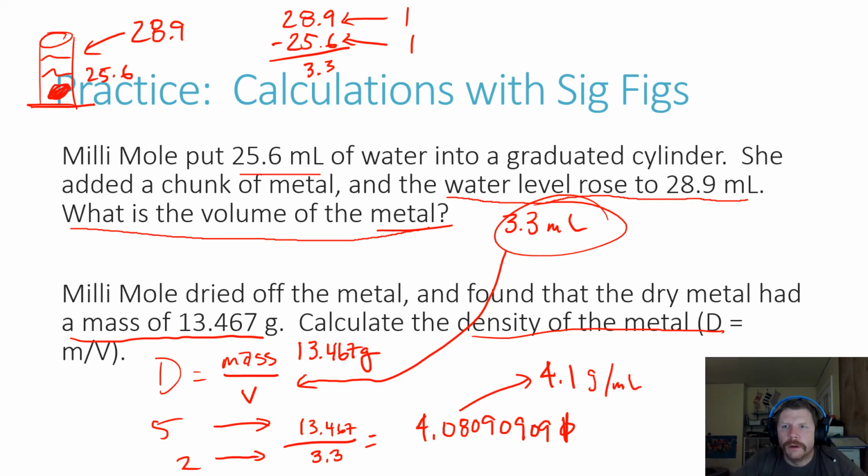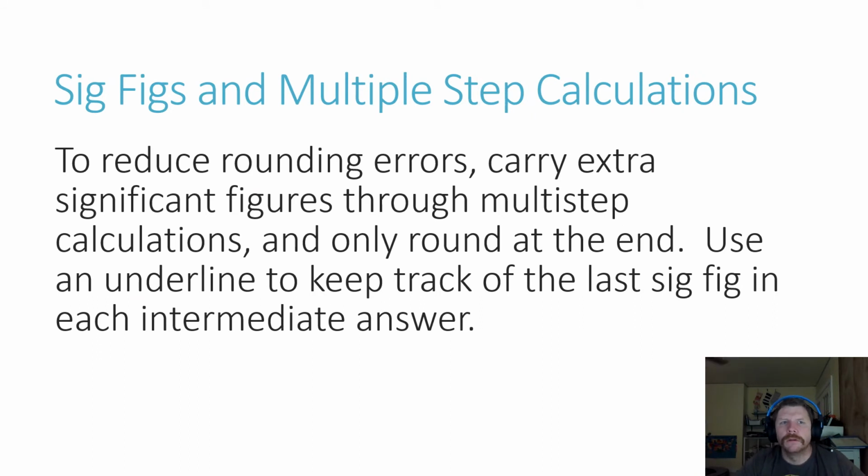All right, next up is sig figs in multiple step calculations. What we just did was 2 separate calculations where we drew conclusions. Now we're going to compile all of these. I didn't include the order of operations in your math review, but it can end up being involved here.